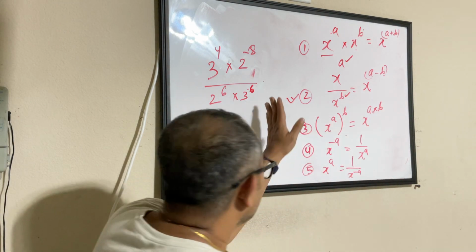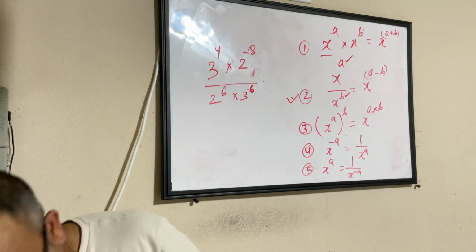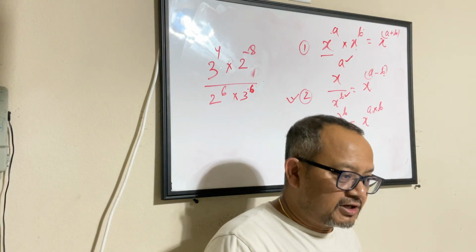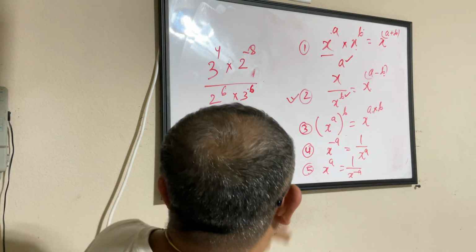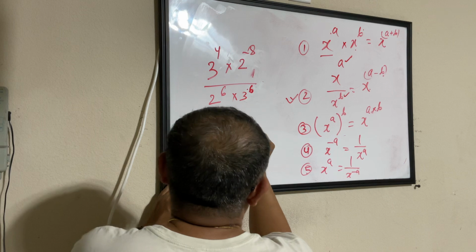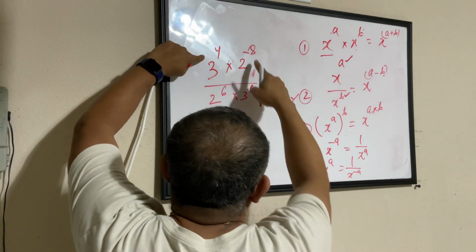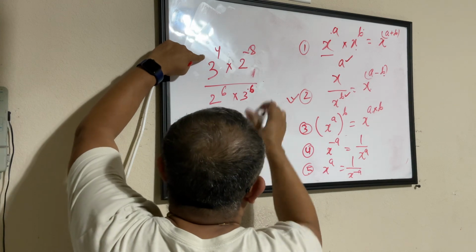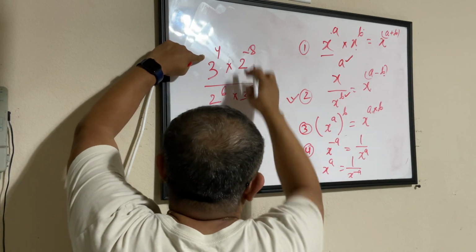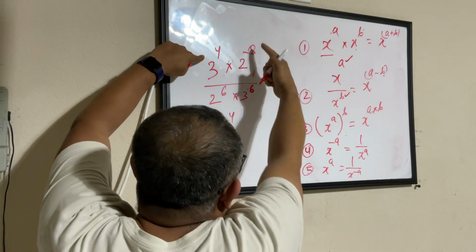Okay? Now here, let me solve this problem before I trouble you guys with rational exponents. So here, this is very simple. 3 to the power 4 times 2 to the power minus 8. And we just saw it here. If I move something down, the negative becomes positive. Or basically when I flip things from up to down, down to up, the sign changes.